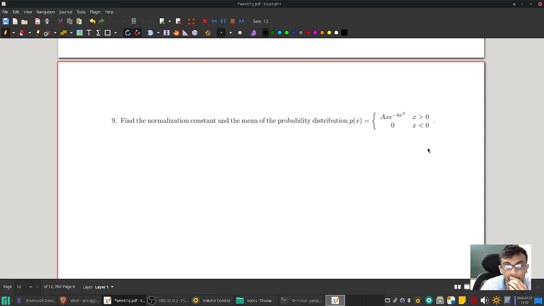Anyway, let's get to this. It's a continuous probability distribution with support only on the positive real numbers. So first of all, since it's a probability distribution, A has to be positive.